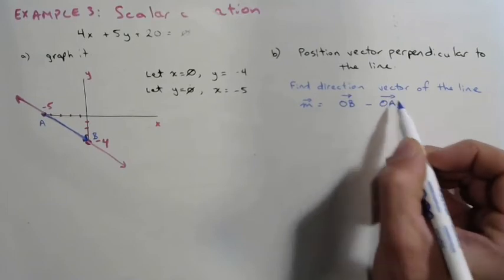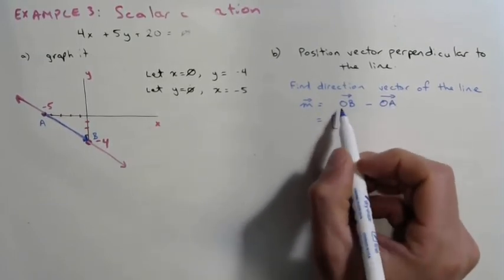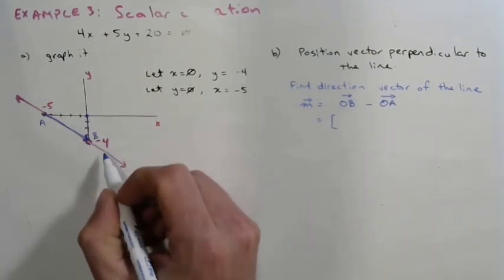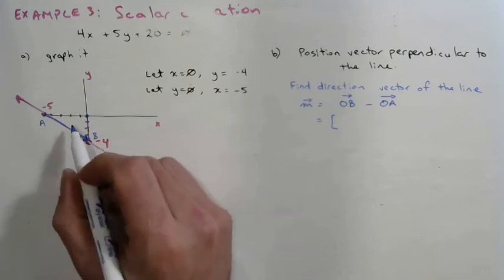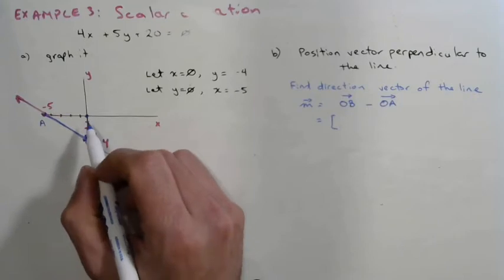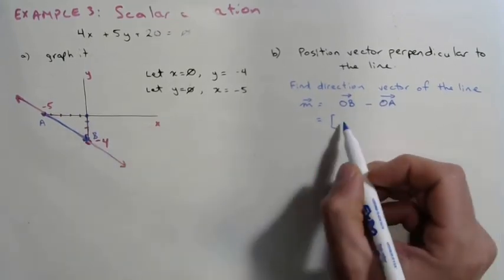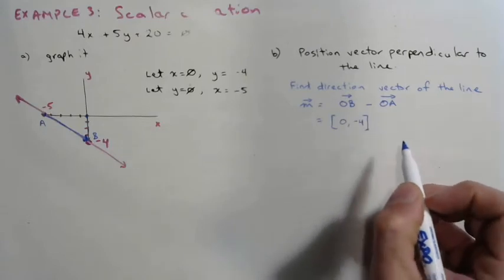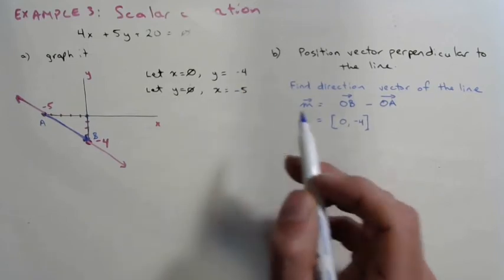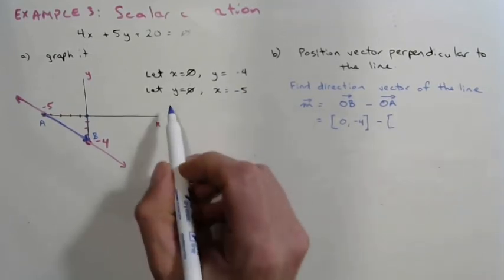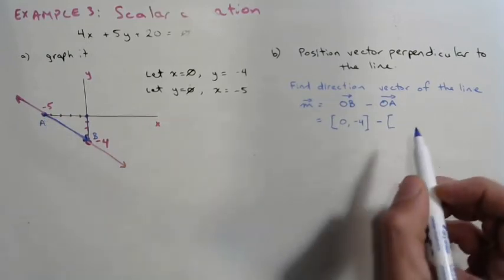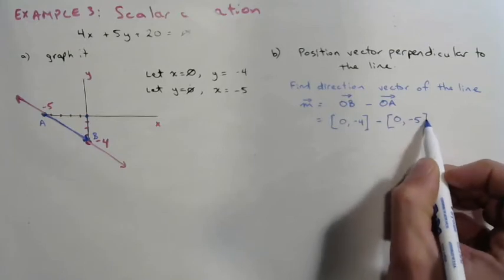The position vector OB is the vector that takes us from the origin to the point given. We haven't moved in x. It's just the y component, really. The x component is 0. So this is going to be represented by (0, negative 4), because x equals 0, y equals negative 4. That's how we found our y-intercept in the first place. And then we're going to subtract OA, which is represented by the coordinates of our x-intercept.